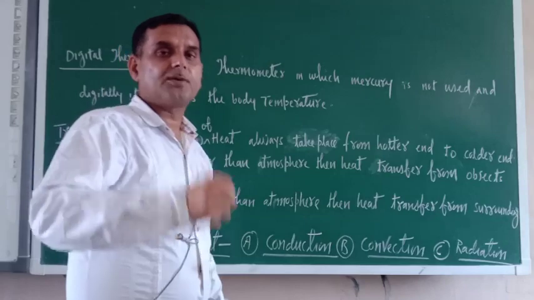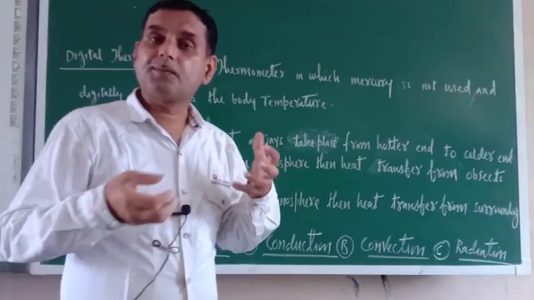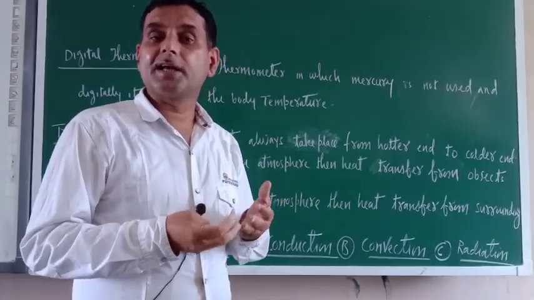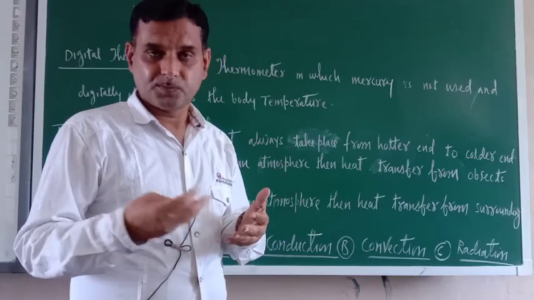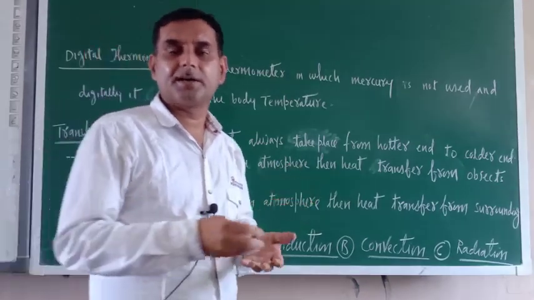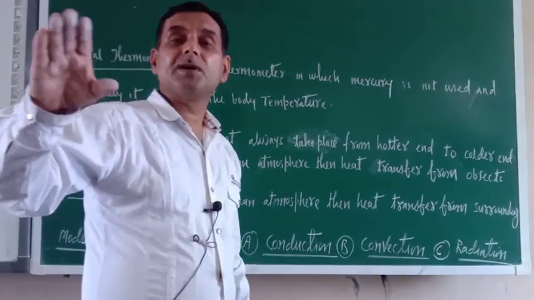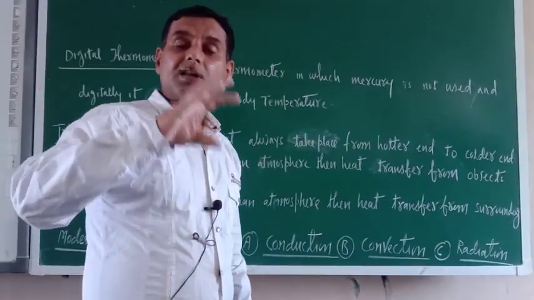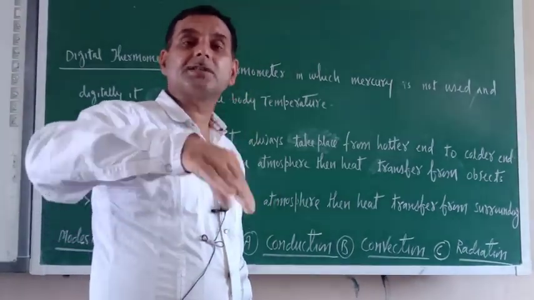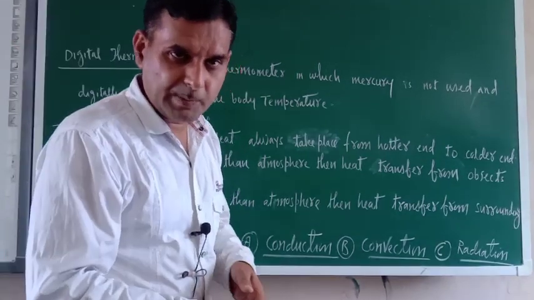Just try to understand. Hot food we are taking in a plate or some other saucer. Over a period of time it is becoming cool or not, because the hot object's heat is transferred to the surrounding. Am I correct or not?